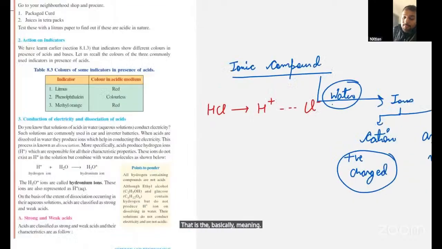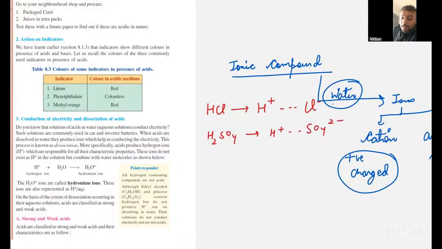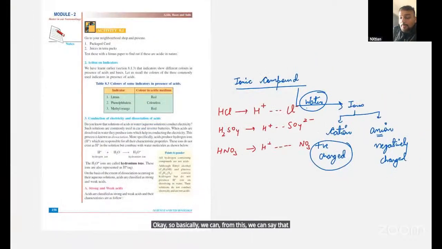In the same way, H2SO4 is also ionic, and HNO3 is also ionic. Basically, when you add water into it, it separates into ions, and those ions are responsible for the conduction of electricity.